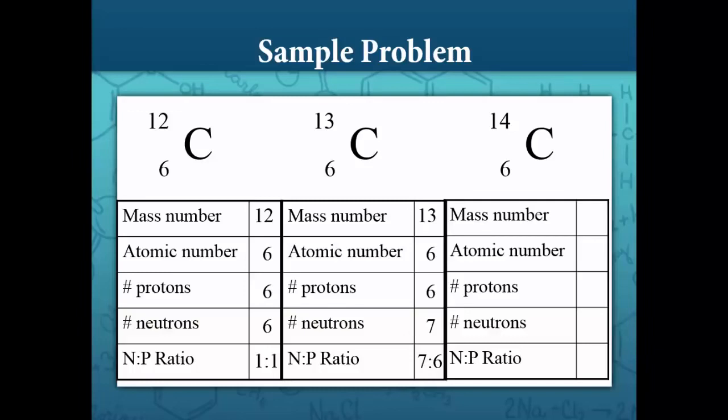Carbon-14 has a mass number of 14 and atomic number 6. That means it has 6 protons, 14 minus 6, or 8 neutrons, and a neutron-to-proton ratio of 8:6, which reduces to 4:3. Therefore, the most stable of these three isotopes is carbon-12, since, for nuclei with atomic numbers less than 20, the most stable neutron-to-proton ratio is 1:1.